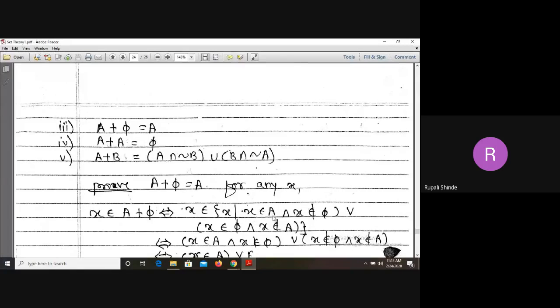x belongs to A and x does not belong to phi, or x belongs to phi and does not belong to A. Okay.